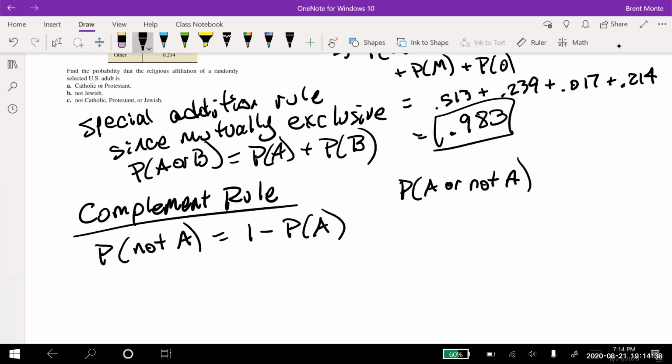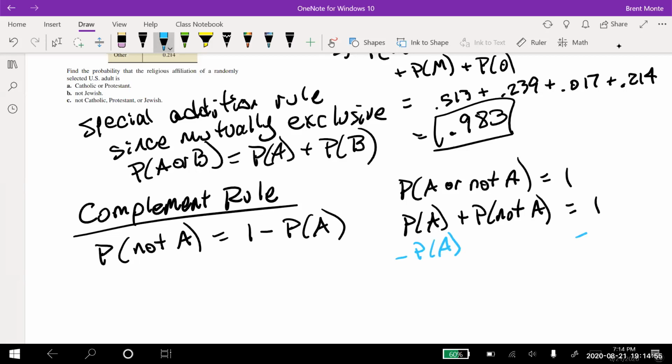So those have to add up to 1. So if I do probability of A plus probability of not A, those are clearly mutually exclusive. They can't both happen at the same time. I get a 1. Well, algebraically, if I just subtract P of A from both sides, what am I going to get?